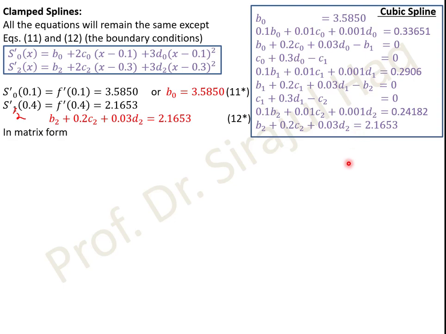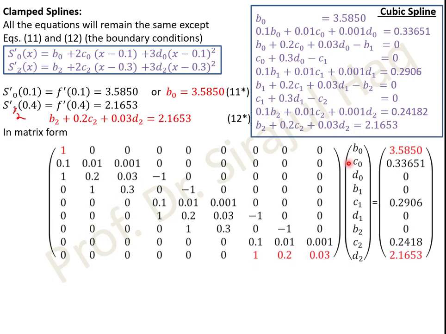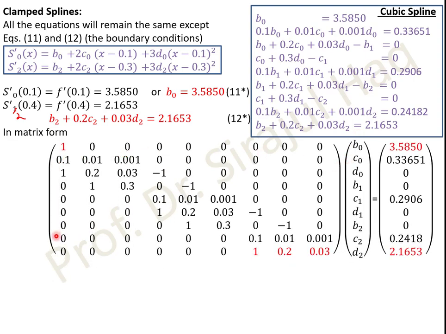So let us write this in matrix form. You can see that this portion is the same as we discussed in the case of natural splines, except the first and the last. So you can see the coefficient of B naught is 1 now, and that is equal to 3.5850.